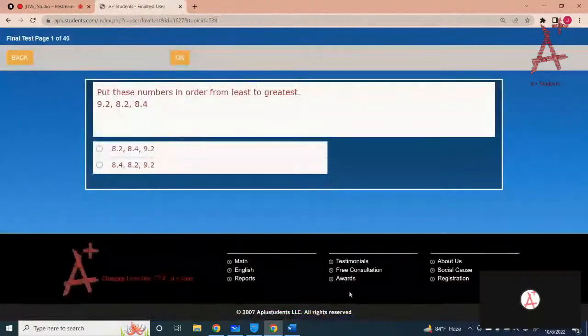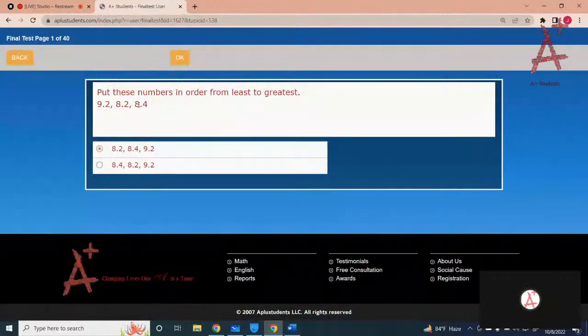Okay. Put these numbers in order from least to greatest. So you have to arrange them from least to greatest. So which one is the smallest one? Okay, the smallest one is 8.2.